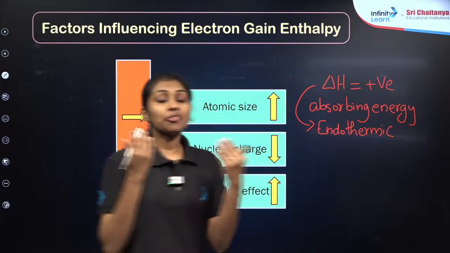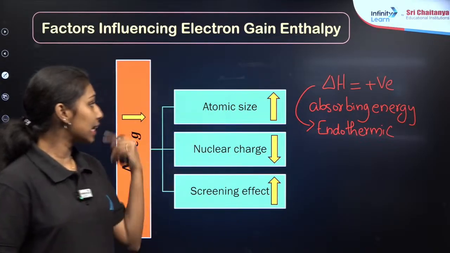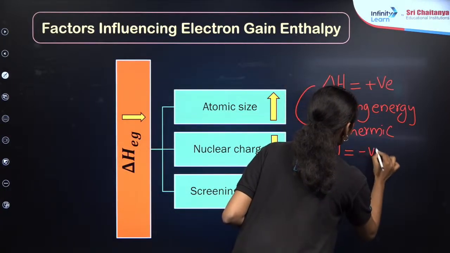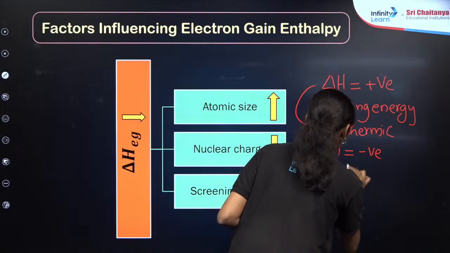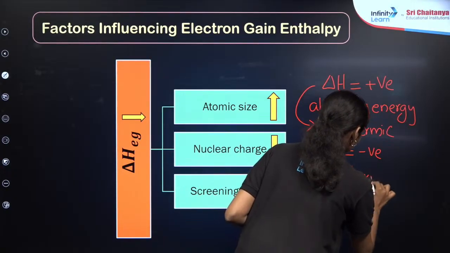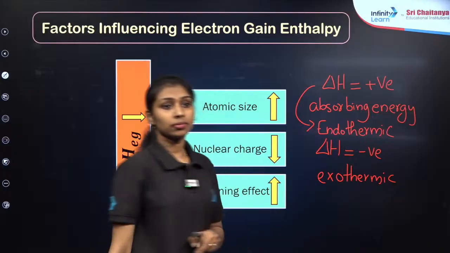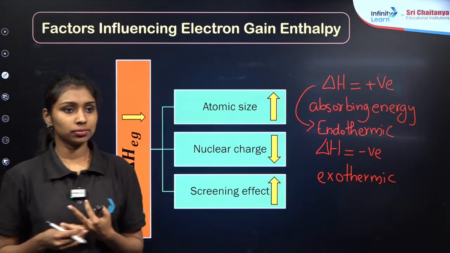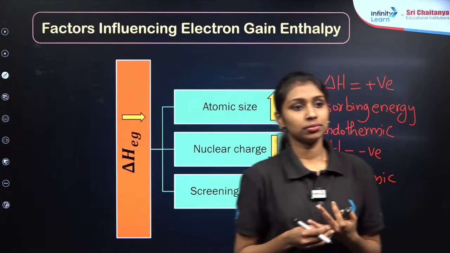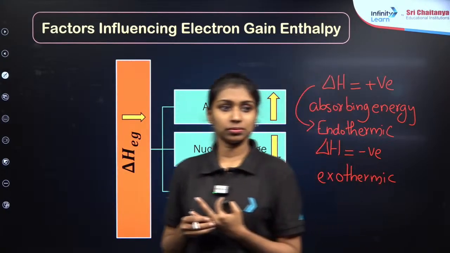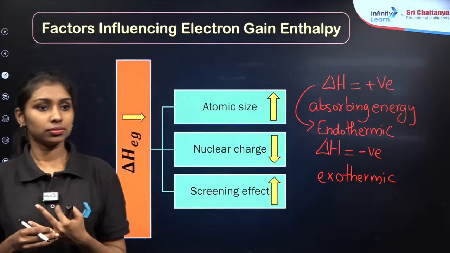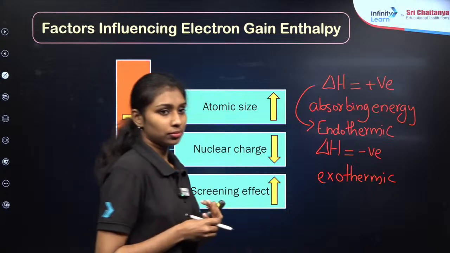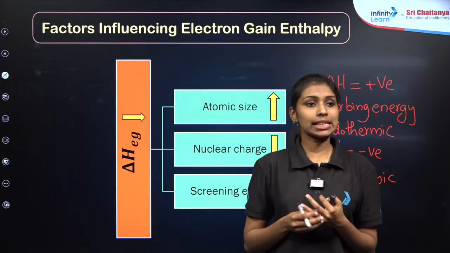And just opposite to that, if the delta H value is negative, which means energy is released, then the process will be exothermic. Is it clear now?